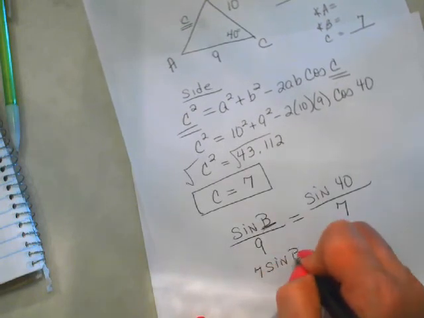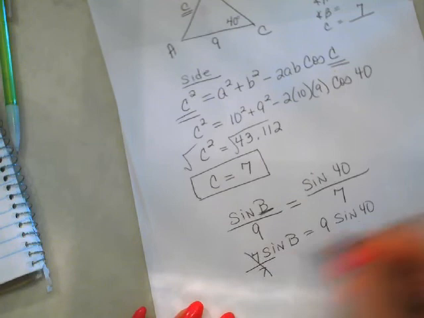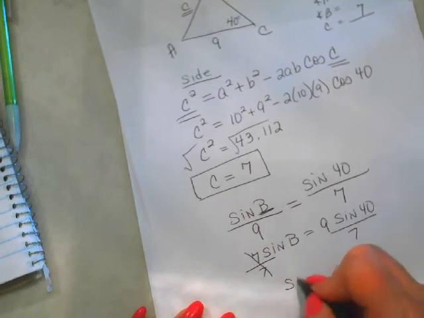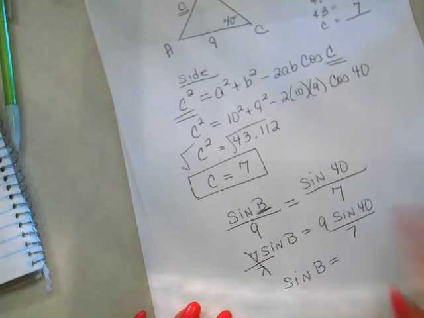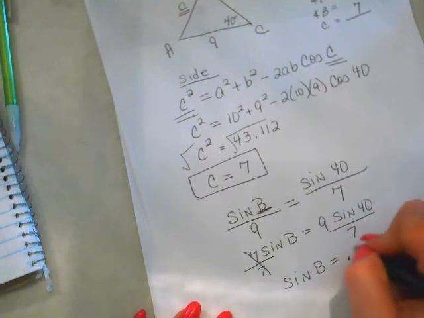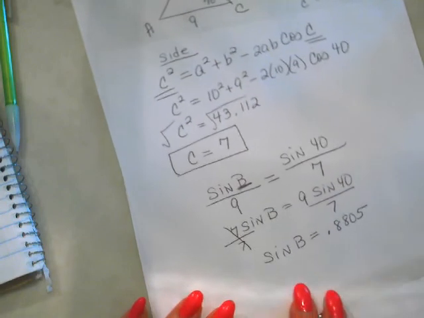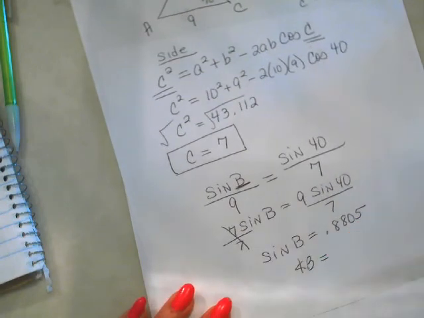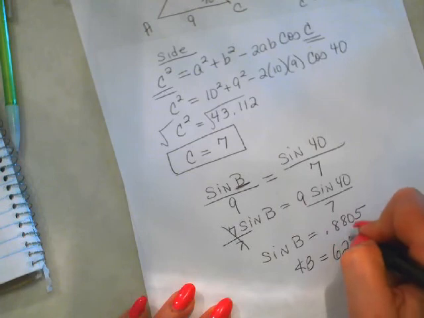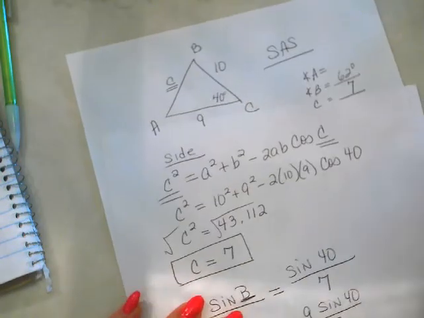I'll do cross products. So it's 7 times the sine of B equal to 9 times the sine of 40. Divide by 7, divide by 7. Sine of B is equal to, when I substitute all this in the calculator, I get 0.8805. And again, I'm not working through that because that's what you had your quiz on. So angle B, when I use the second function, the inverse of it, is 62 degrees.